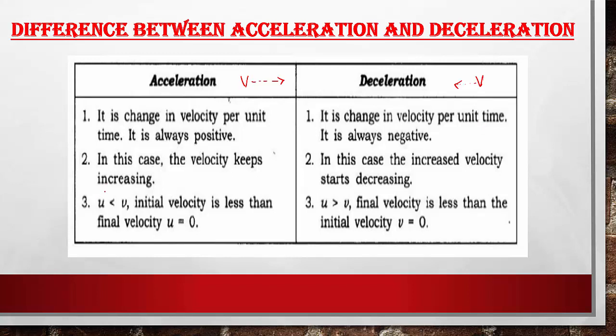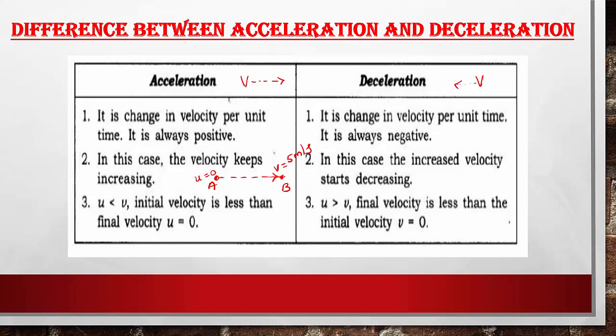The second one is, in acceleration, the velocity keeps increasing. Yes, we know that whenever the object is accelerating, its velocity is always increasing. But in deceleration, the increased velocity starts decreasing. For example, the object is moving from point A to point B. Initially it is at rest, so we can take the initial velocity as 0. When it reaches point B, its velocity becomes 5 meters per second.